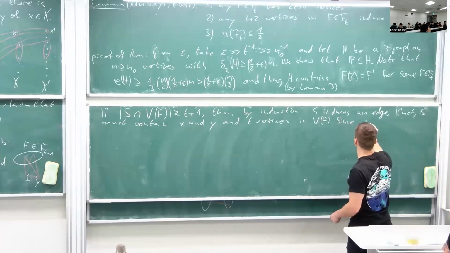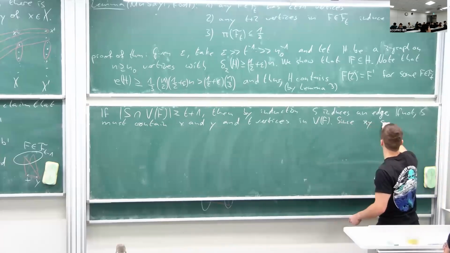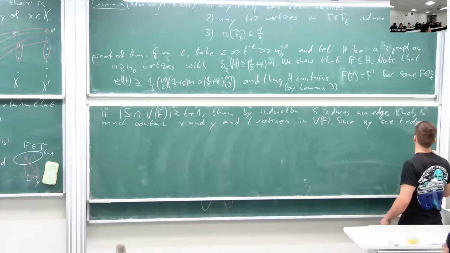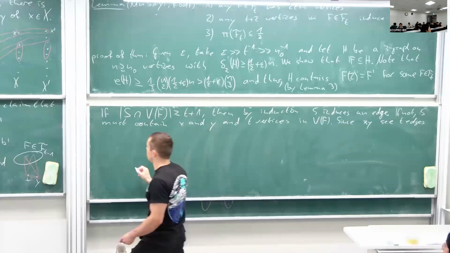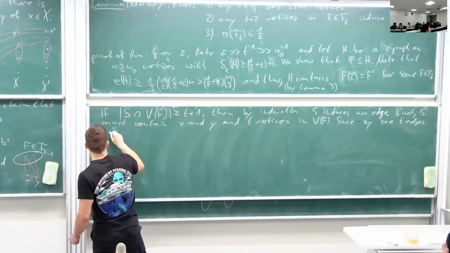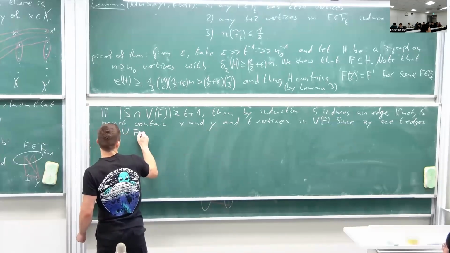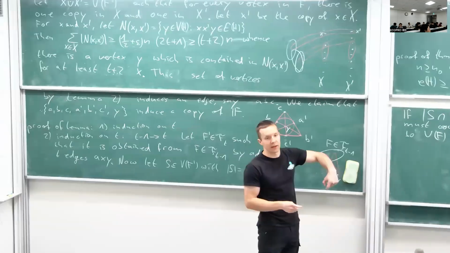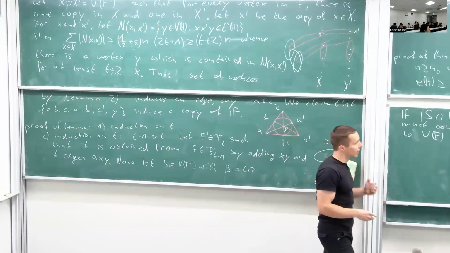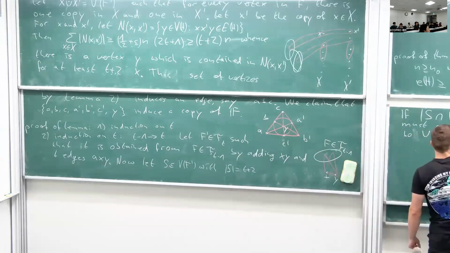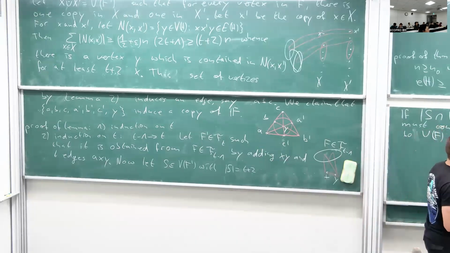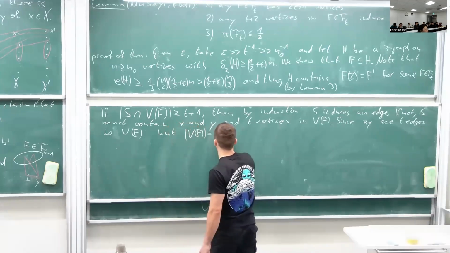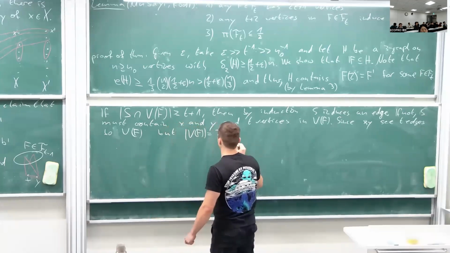Since X, Y see T edges to that vertex set, meaning there are T vertices such that X, Y together with that vertex form an edge. But the number of vertices in V(F) is only 2T minus 1.